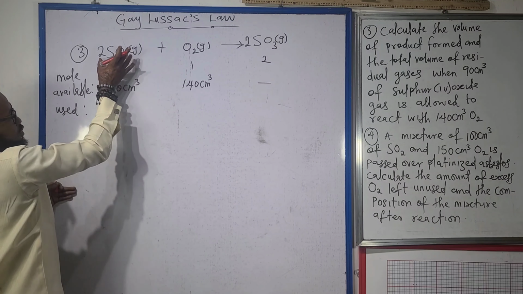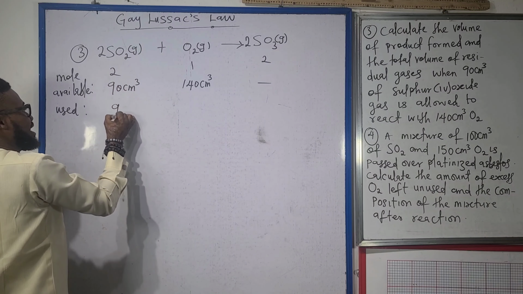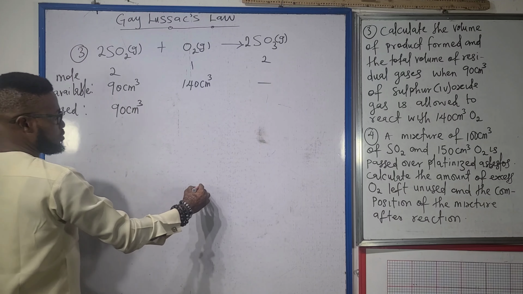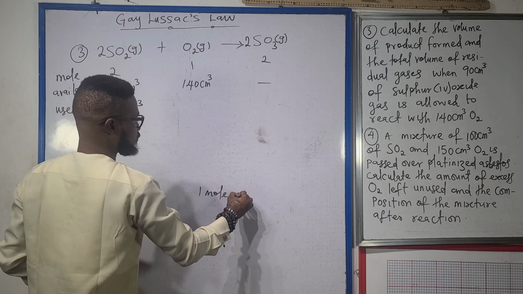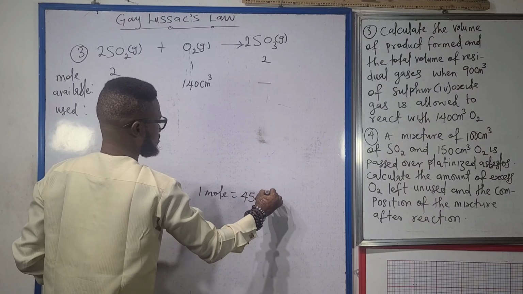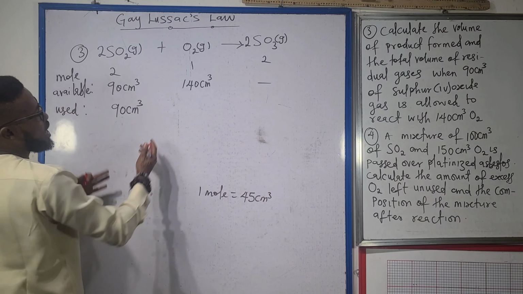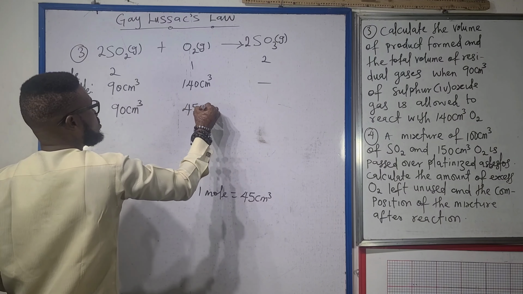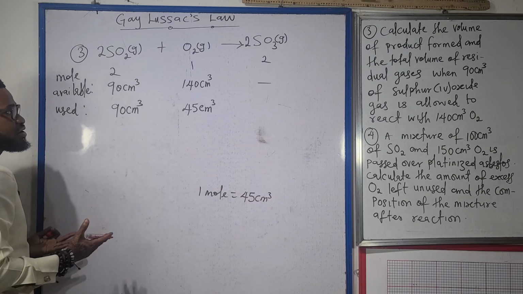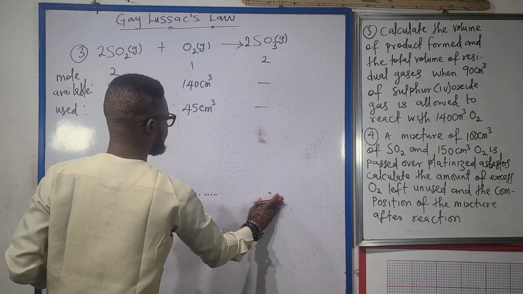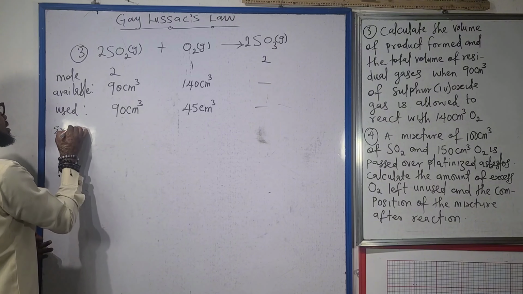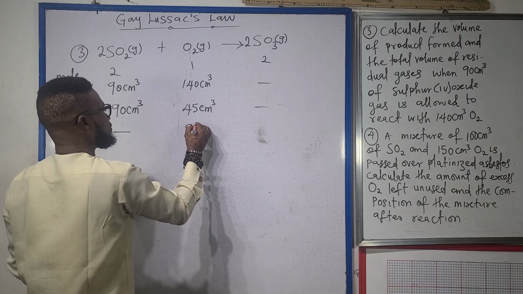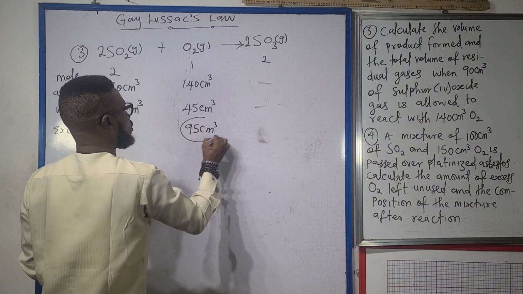But if I say, for these 2 moles of sulfur(IV) oxide gas, let 90 cm³ be used up, that means 1 mole equals 45 cm³. So since oxygen is 1 mole here, it is 45 cm³ that will be used. Then I talk of what is in excess. Nothing is in excess for the SO2, but for oxygen, what's in excess is 95 cm³.